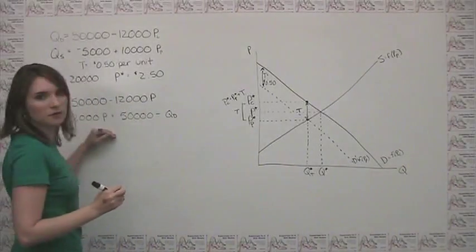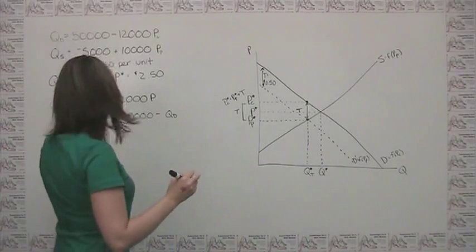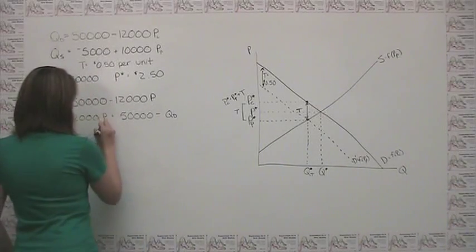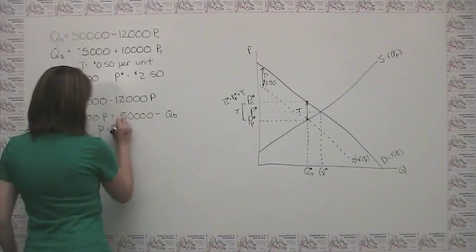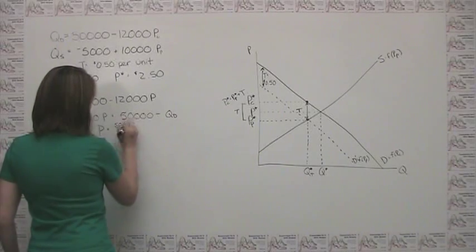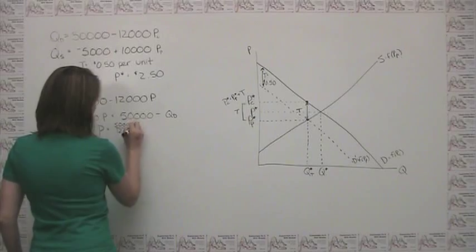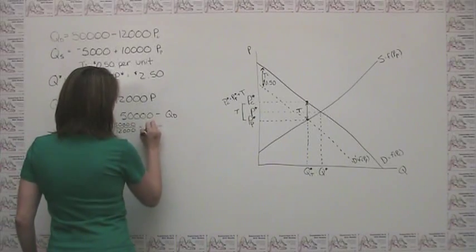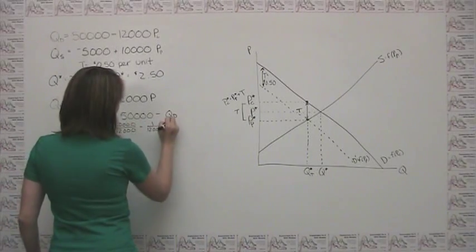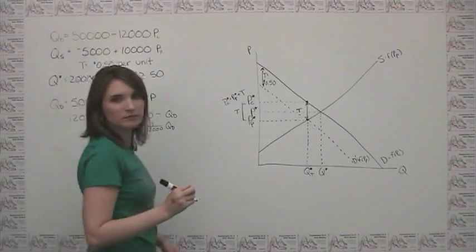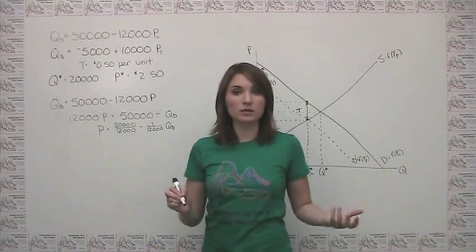Then we divide by 12,000 to say P is equal to 50,000 over 12,000 minus 1 over 12,000 times quantity demanded. It's not pretty, but it works.